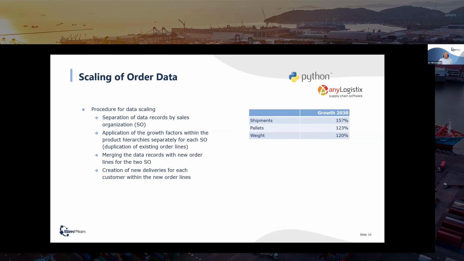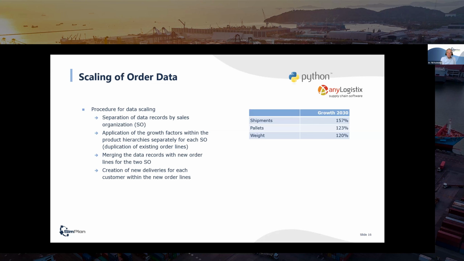Okay, and to get a complete scenario, we also need to scale the order data for a future scenario. So we have a target year 2030. And here you see the procedure we followed regarding the data scaling. We separated the data records by sales organization, then applied growth factors within the product hierarchies I mentioned earlier.